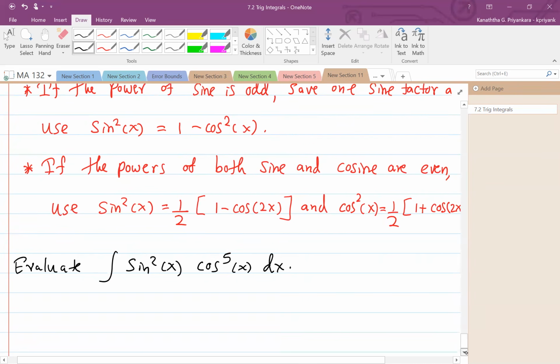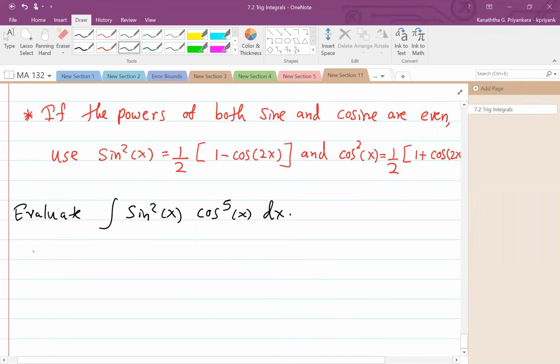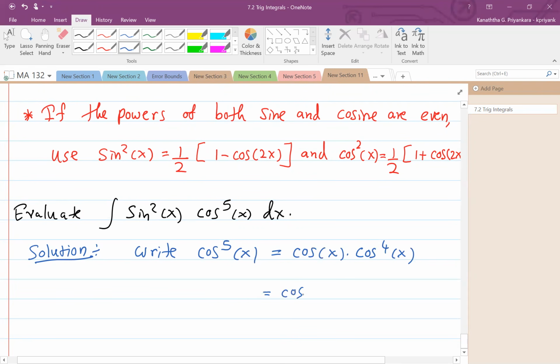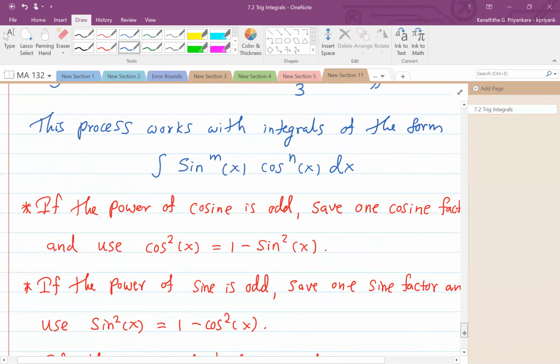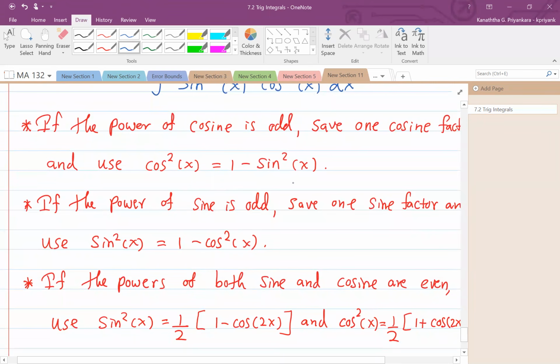So I'm going to write cosine 5x as cosine x times cosine to the power 4x. Then I can write cosine to the power 4x as cosine squared x to the power 2. Now we can use cosine squared is 1 minus sine squared.